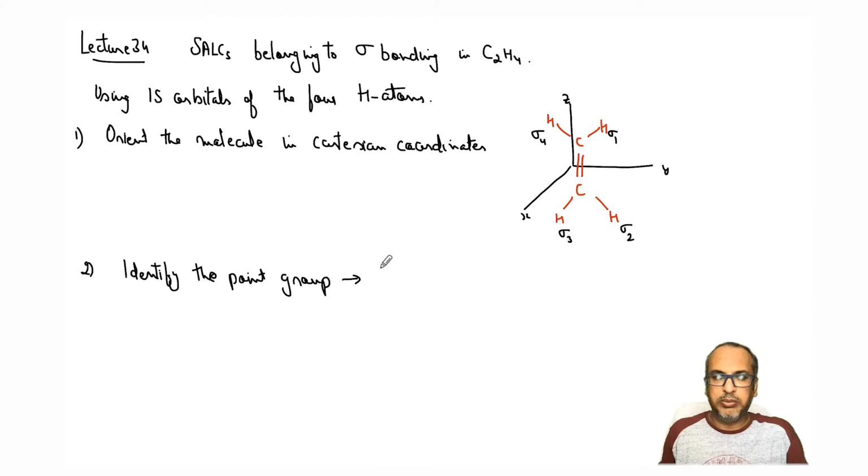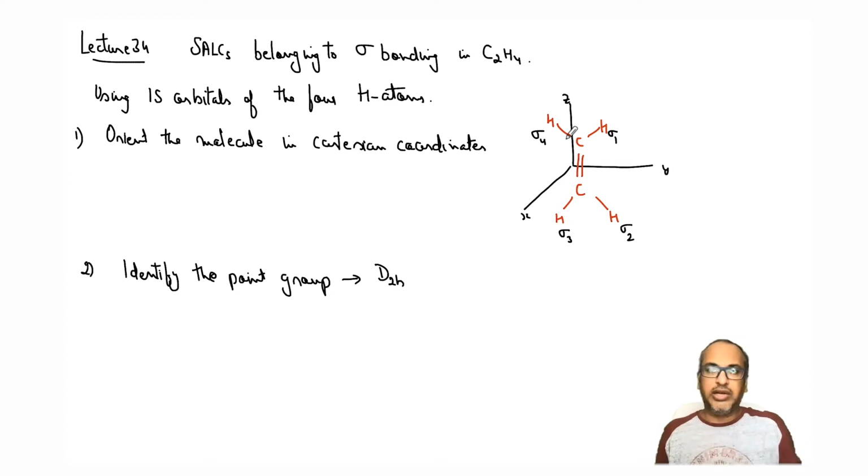This will be the D2h point group, because there is one C2z and then 2 perpendicular C2s, C2x and C2y. So this goes to the D category, and then there is a sigma h plane. Well, in this case it will not be called sigma h, but sigma x, sigma y, and sigma z. But there is one plane perpendicular to the principal axis, and hence it will be called the D2h point group.